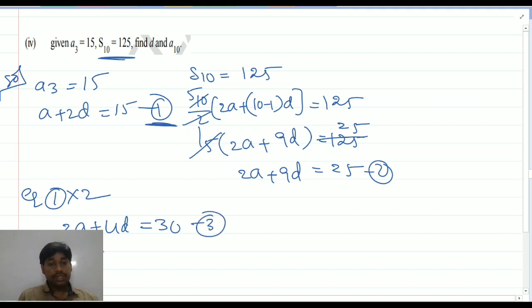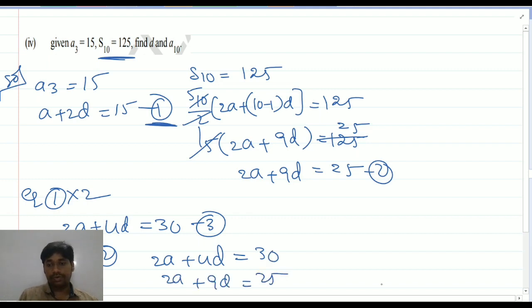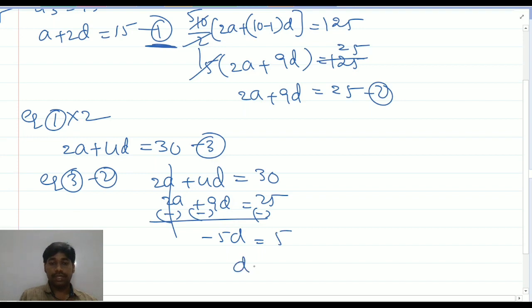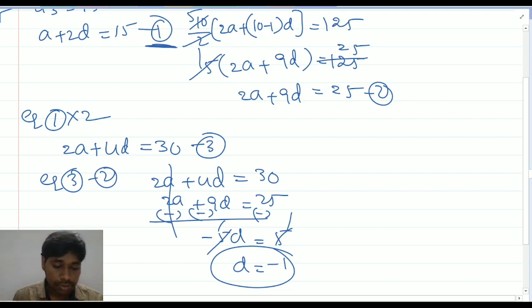Now equation 3 minus equation 2: 2A plus 4D is equal to 30, and 2A plus 9D is equal to 25. On subtraction, the A terms became 0. Minus 5D is equal to plus 5. D is equal to minus 1. So D, how much did we get? We simply got minus 1.